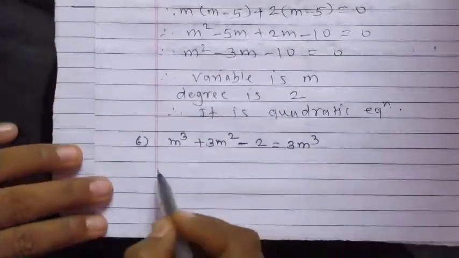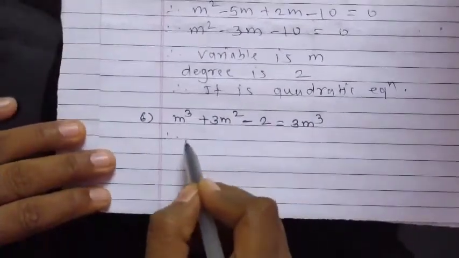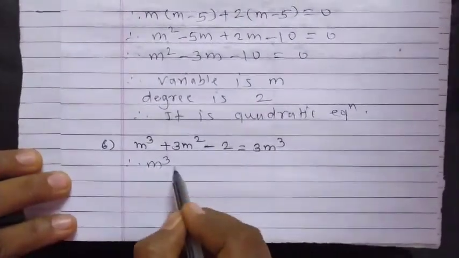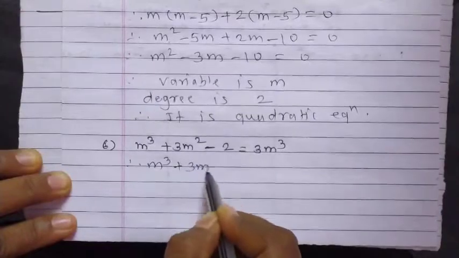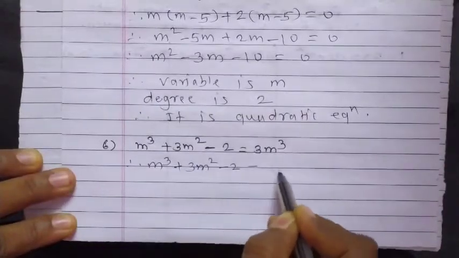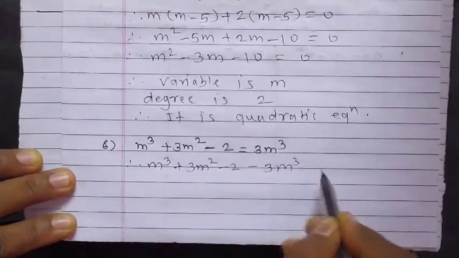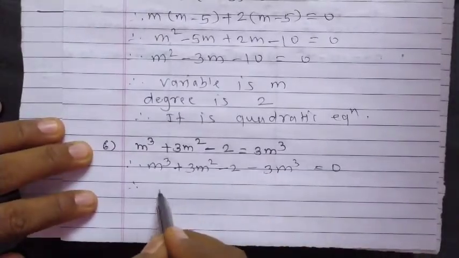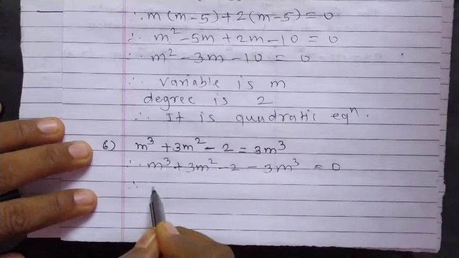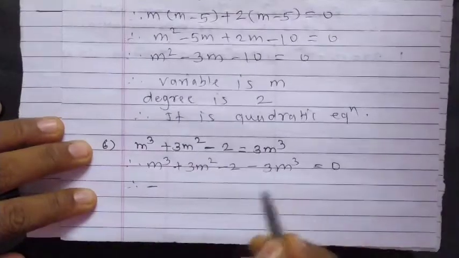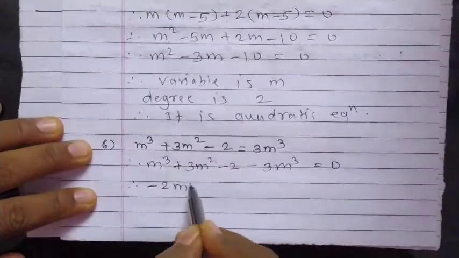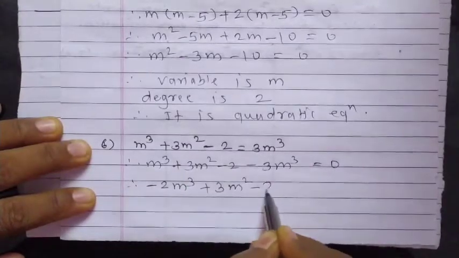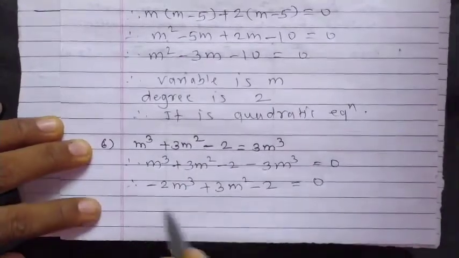Then next one, here m cube, taking all terms to one side, 3m square minus 2 minus 3m cube equal to 0. Therefore the cube term we take in one place, that is plus 1 minus 3, that is minus 2m cube plus 3m square minus 2 equal to 0.